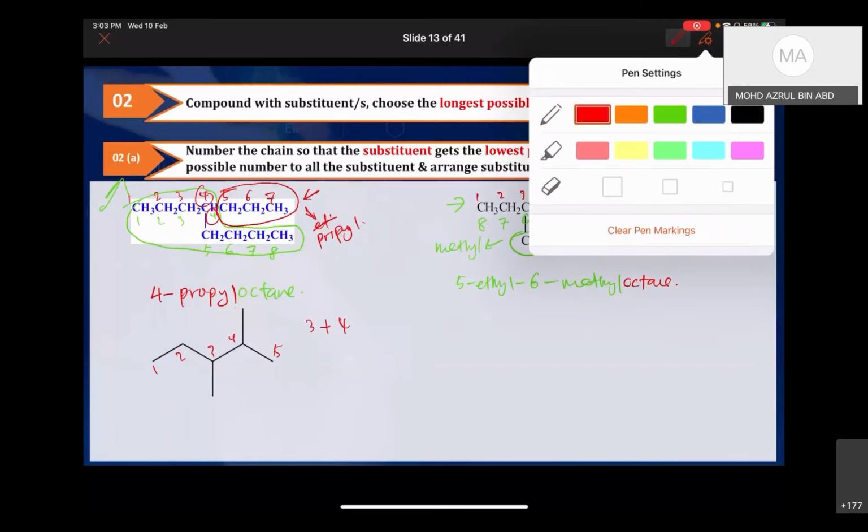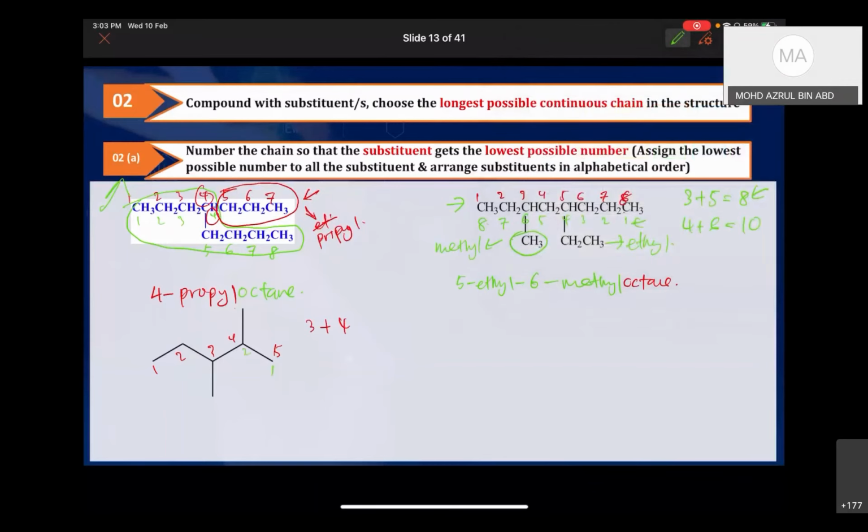But if I follow the green one, the other way, 1, 2, 3, 4, and 5, the substituent are attached at carbon number 2 and carbon number 3. So which means which one I should follow? The red one or the green one? Green one. Alright, the green one.